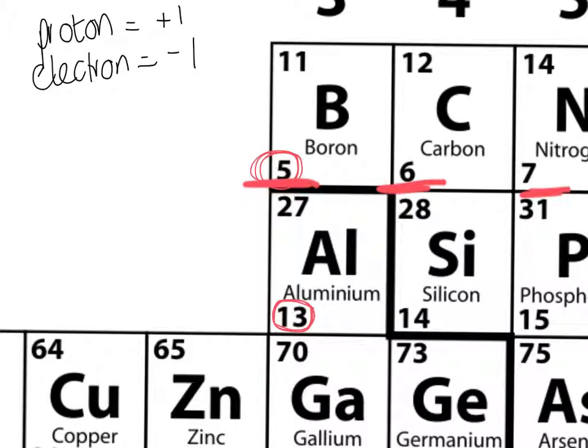So that means the charge from our protons needs to cancel out the charge from our electrons. And the only way to do that is to have an equal number of protons and electrons. So let's take the example of aluminium. Aluminium has an atomic number of 13, which means that our number of protons equals 13.